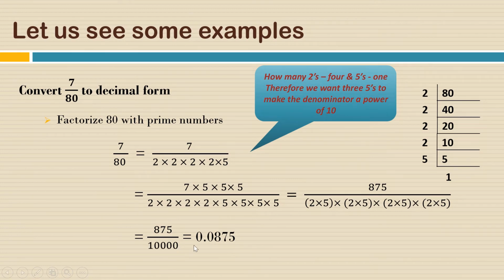Then we want 4 digits in the decimal part. Then put 0 after the decimal point and before the 8. We get 0.0875.